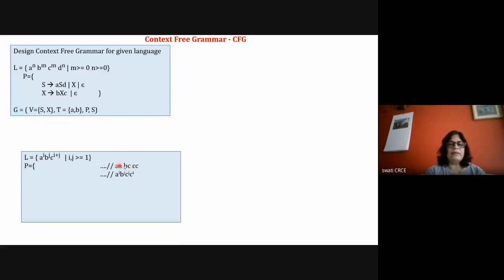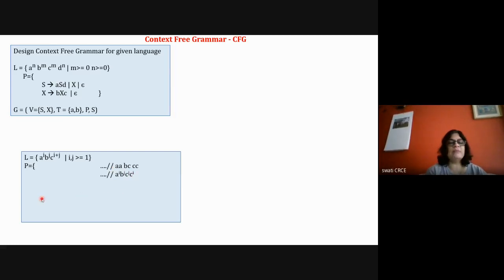So how can I divide this? I can say that here A raised to I, B raised to J, C raised to I plus J, I can rewrite this as A raised to I, B raised to J, C raised to J, and C raised to I. Now, by looking at this, you can write the rules. The number of A's and the number of C's are the same.